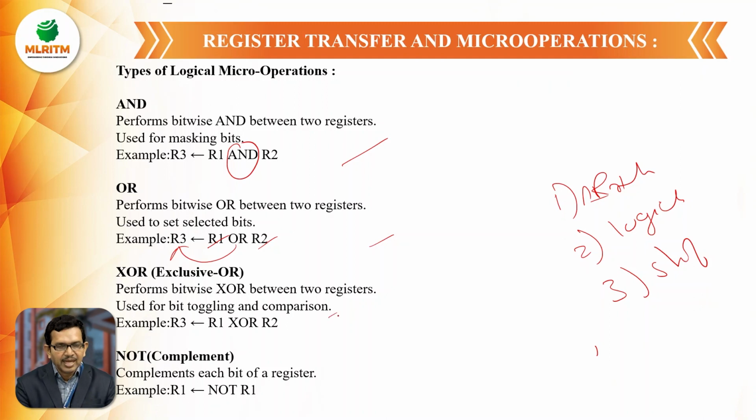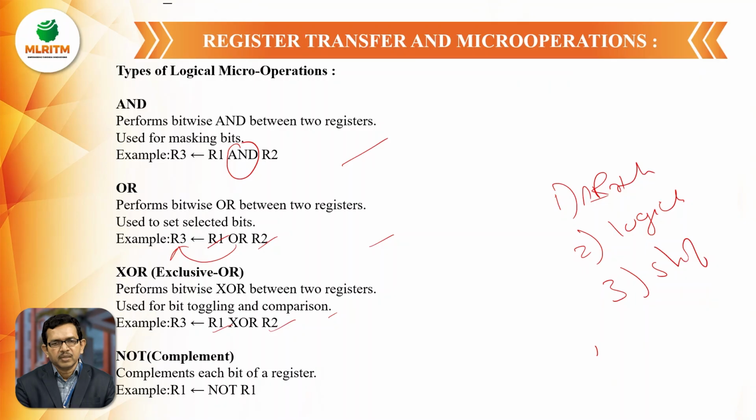The third one is the XOR operation, or exclusive OR operation. How is this operation applied? It uses bit toggling and comparison. That is, R1 or R2, meaning the data present in R3 may be from R1 or maybe from R2.